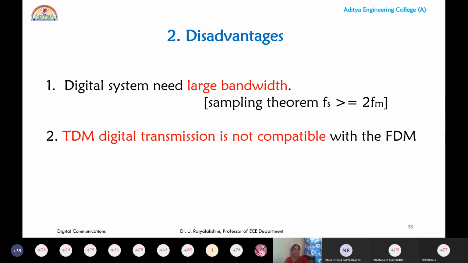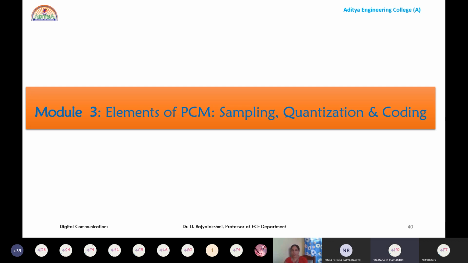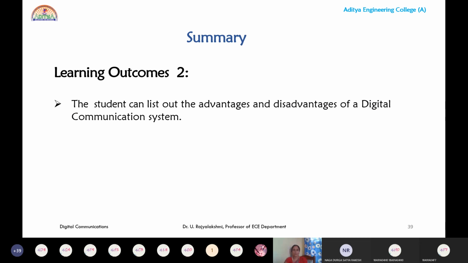Which one is more? Is it high or low compared to the analog component? Okay, you can tell. It's high. Very good. Why is it high? Any idea why it is high?